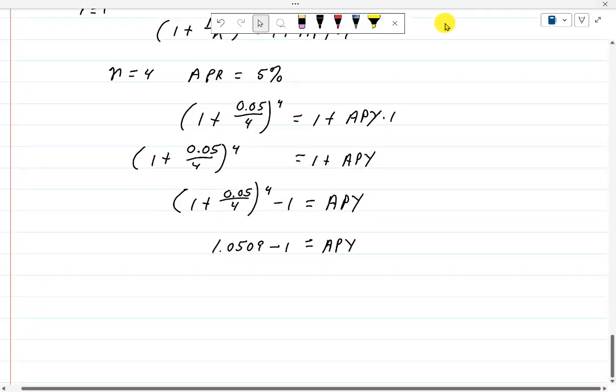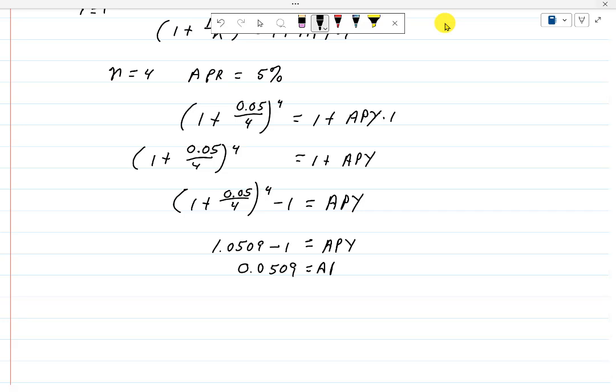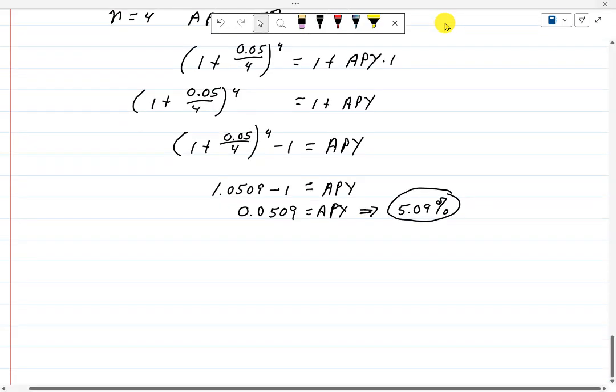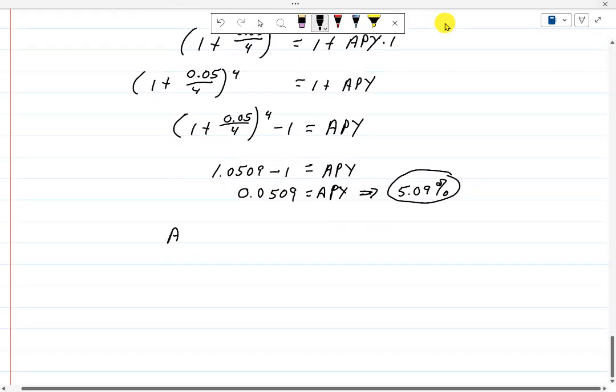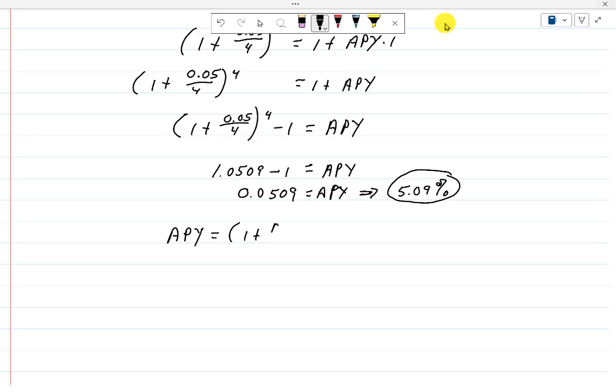And that will just give us the APY then. But they're going to want it as a percentage. So change this to 5.09%. So the formula that I have for this is that the APY equals (1 plus APR over n) to the n, minus 1. And n is, of course, the number of times that you compound.